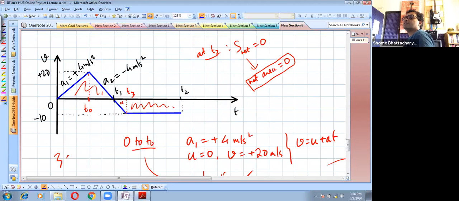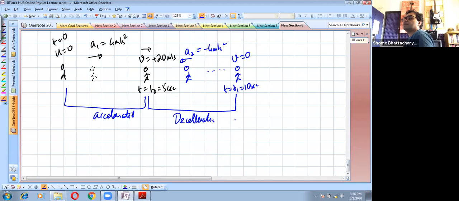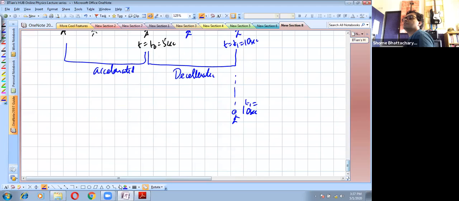Up to T1, accelerated motion, then decelerated motion. After that, velocity is becoming negative and increasing in magnitude from 0 to minus 10 for some time. After T1 equal to 10 seconds, his velocity now becomes negative.